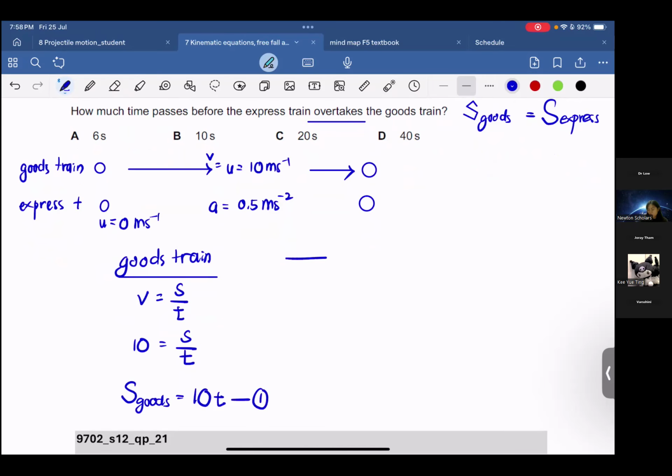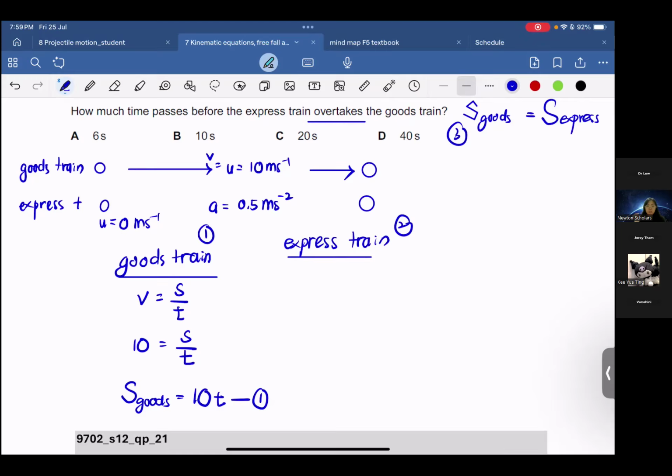Later on, for the express train, you also need to find another equation in terms of the time. So after that, the third step: first step, second step, and then third step, you have to fulfill that the distance must be the same before it overtakes. For the second one, can you try using the correct formula?